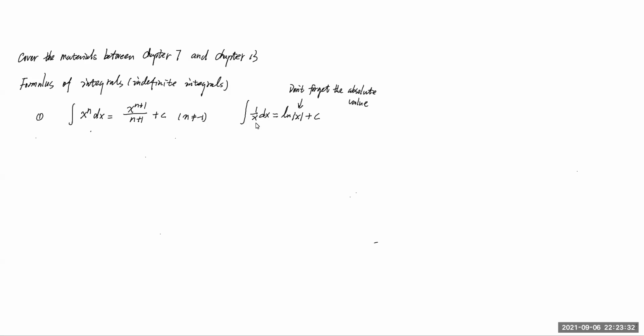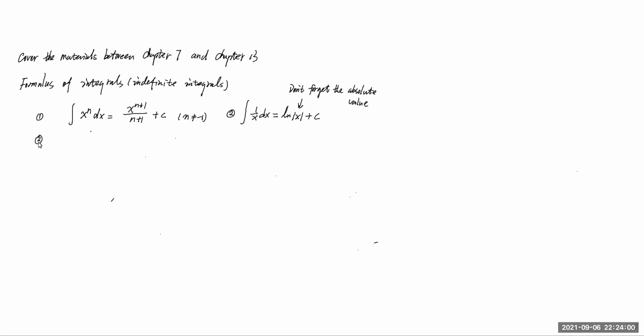Why? Because x can be negative. If you forget the absolute value, ln of a negative x is illegal, right? So if you compare the two formulas, n equals negative 1 is so special. I don't know why, that's just math. You just remember it, okay.